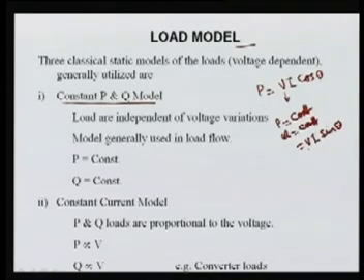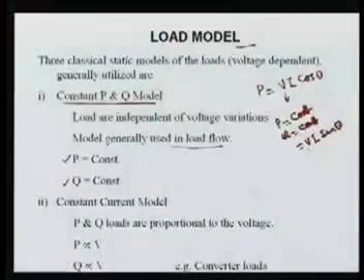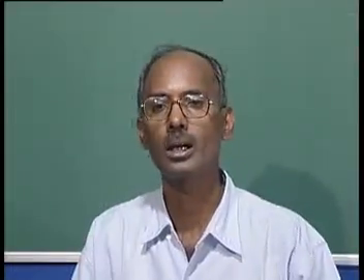So we can say P is constant, and that P and Q is normally taken in the load flow. In load flow we take P and Q constant, we never take the dynamics of this, even though in a few load flow analyses people consider voltage dependent loads as well, but normally constant P and Q loads are considered for load flow analysis.